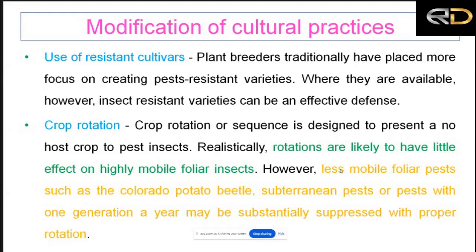But for less mobile pests, like the Colorado potato beetle and subterranean pests, if we are doing some crop rotation, they will be substantially suppressed, because they are not able to move from here to there, and if they are not getting their choice of crop, they will not be able to complete their life cycle. So by just adopting one cultural practice, crop rotation, it will be helpful in controlling the Colorado potato beetle, for example.